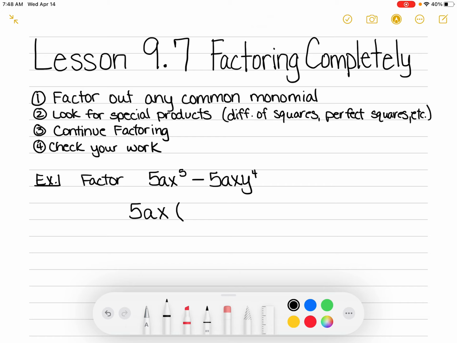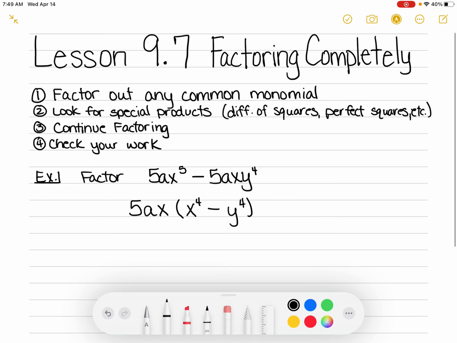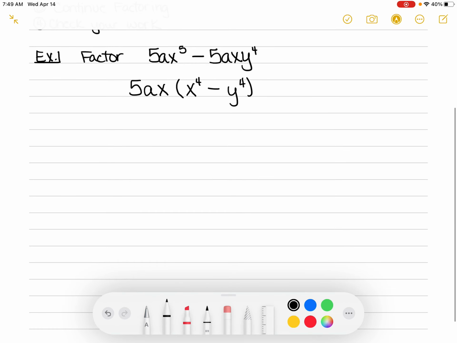So now I'm going to say what was left. So we have x to the 4th, because we already factored out the 5a right here and one of the x's. So x to the 4th minus y to the 4th. And now I need to look at this part of it and say, what can I factor inside the parentheses?